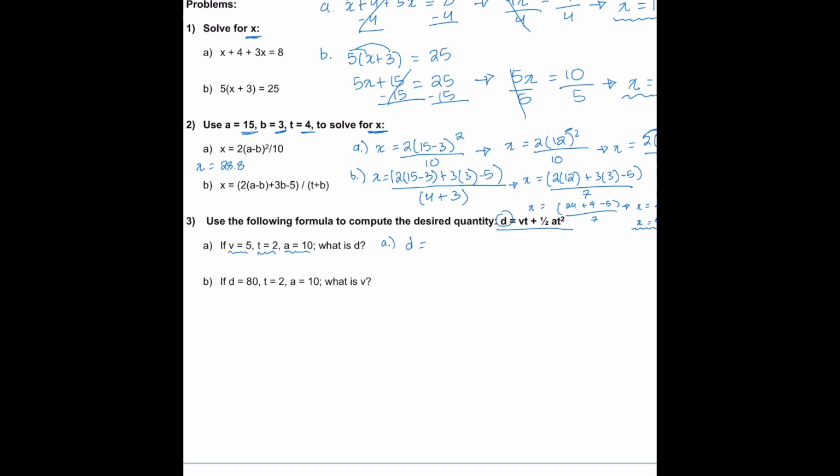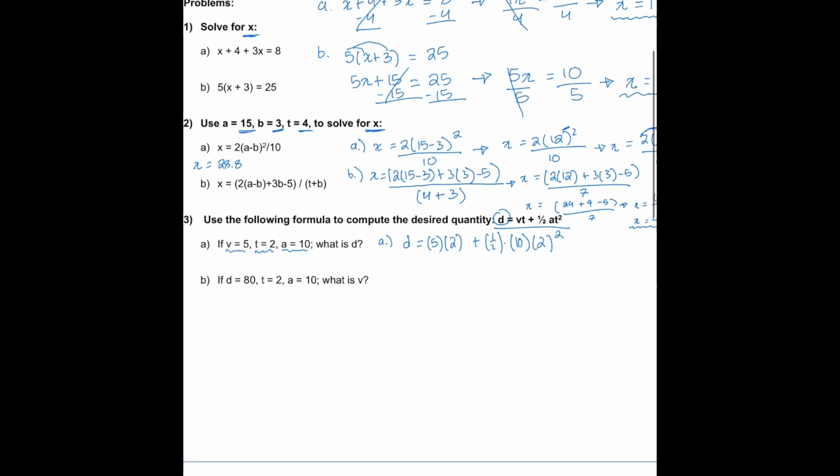So d equals v, which is 5, over t, which is 2, plus 1 half times a, which is 10, times t, which is 2, squared.